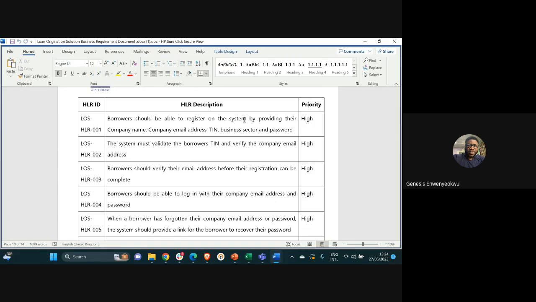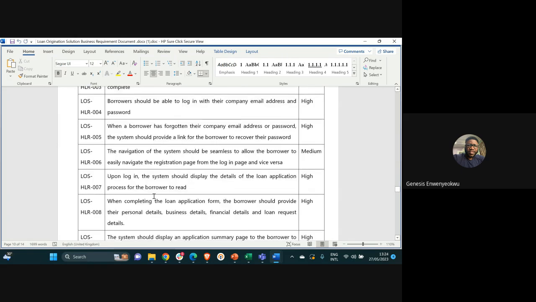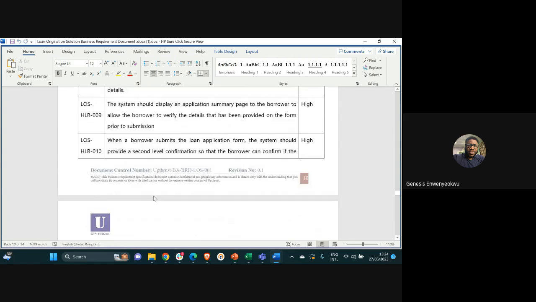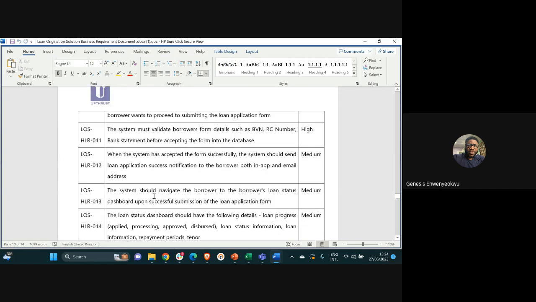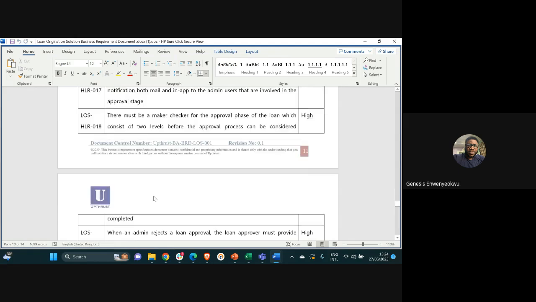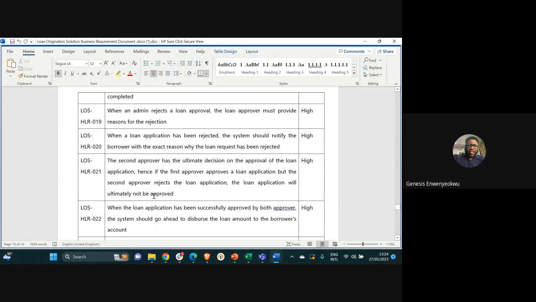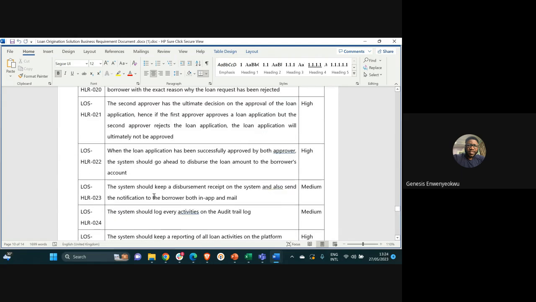Next one, LOS HLR 002. You describe the requirements for that. So you describe all of the high-level requirements that you have been able to gather from stakeholders. You describe each and every one of them, ensuring that they are uniquely identified with their own priority assigned to them.